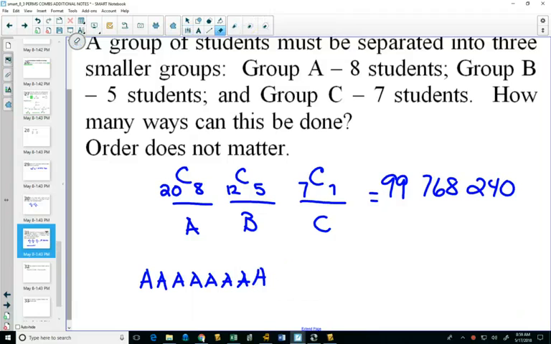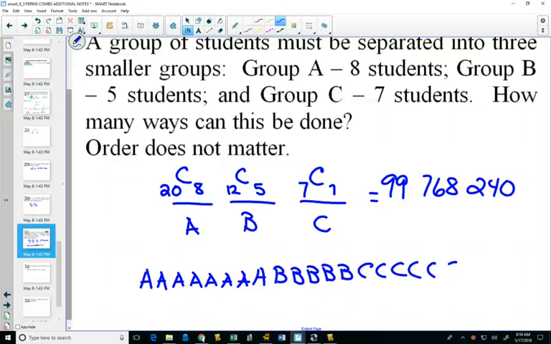All right. And I mix them in a hat, and I go from shortest to tallest, and I get people to pick out letters as they go. And one possibility is, by chance, everybody picks all 8 A's, then all 5 B's, then all 7 C's.